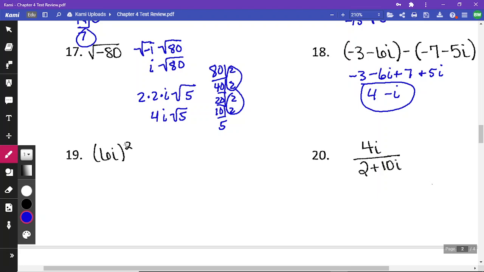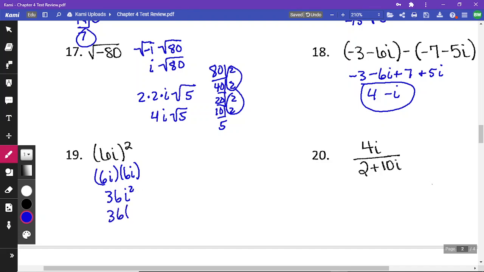So this one, simply 6i squared. Well, you know, that's 6i times 6i. So just 6 times 6 is 36, and i times i is i squared. Another thing to remember, i squared is -1. So anytime you have i squared, you just replace it with -1.